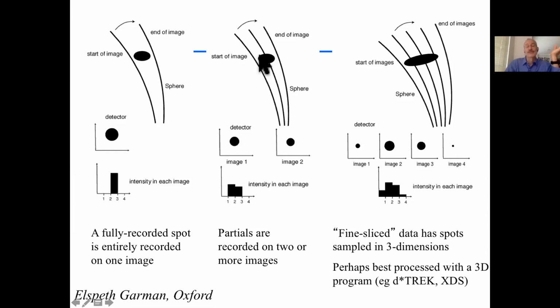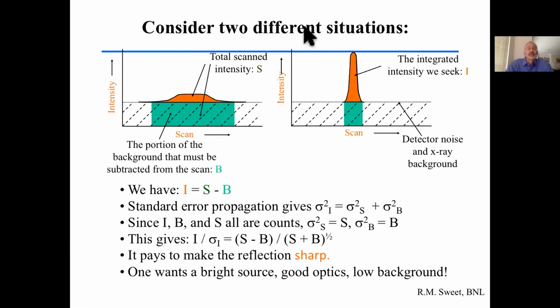So you can have reflections fully recorded in an image, reflections partially recorded in images, and nowadays almost everything is where reflections are partially recorded over many images, and you must sum the values of the integrated photons in each of these images to get the full integrated intensity.